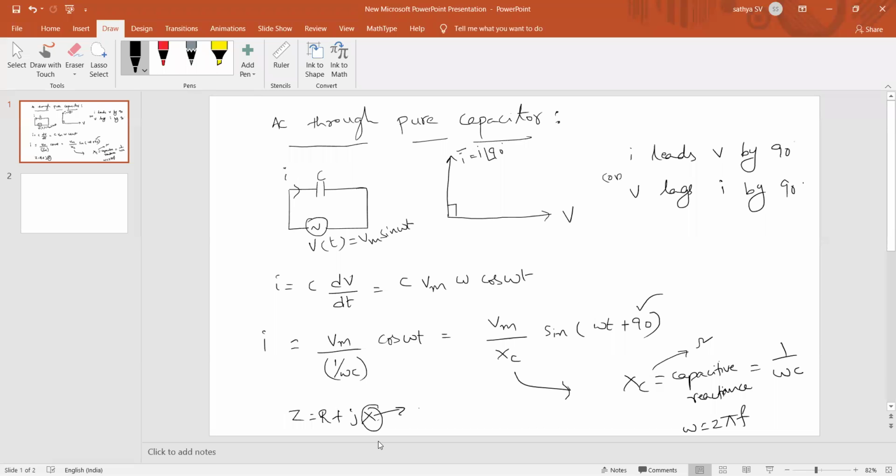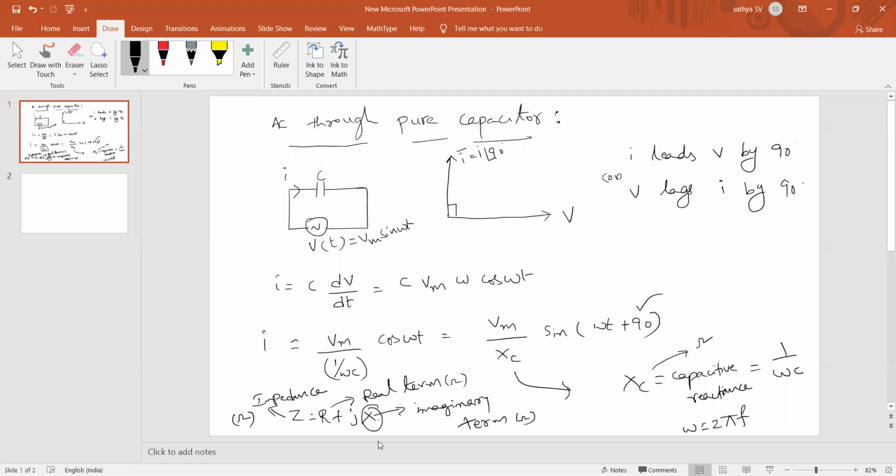That is the imaginary term, and your R is the real term. That is your resistance, and X is reactance. Both units are ohms only. So what are the units for Z, the impedance? Both units are ohms, so for impedance also the units are ohms.